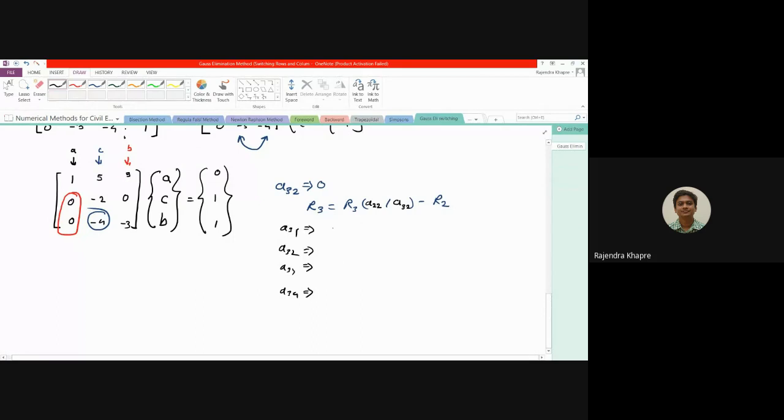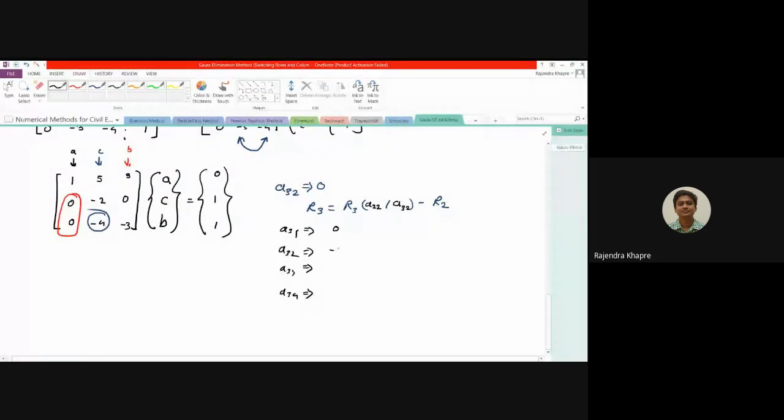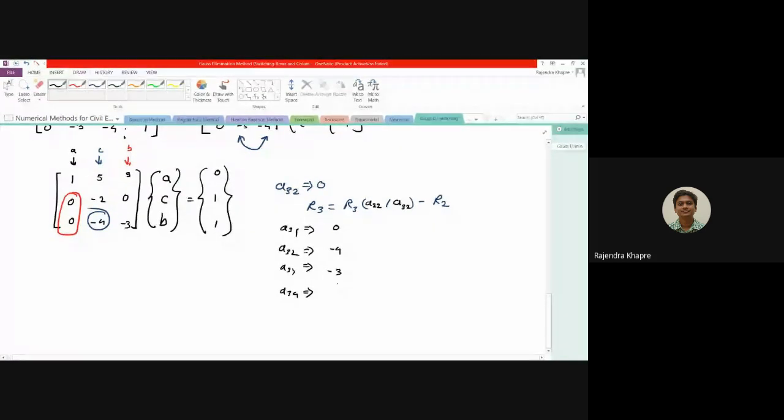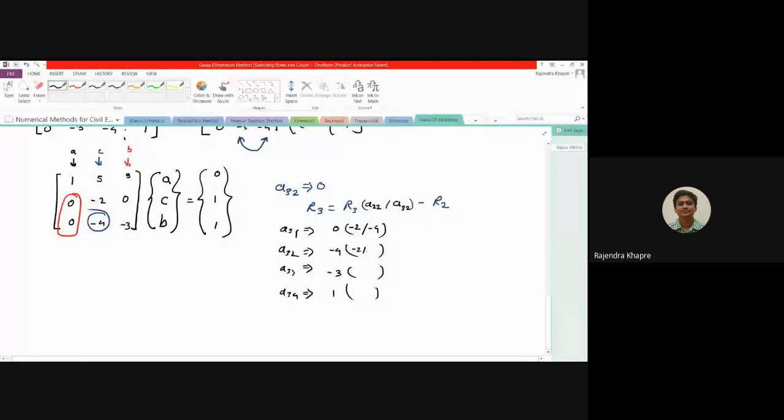R3 is basically now 0, minus 4, minus 3, and 1, multiplied by the two coefficients a22 and a32. a22 is minus 2 and a32 is minus 4, so this is minus 2 by minus 4.